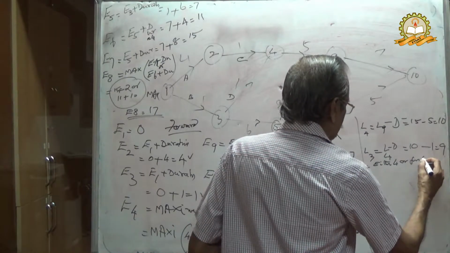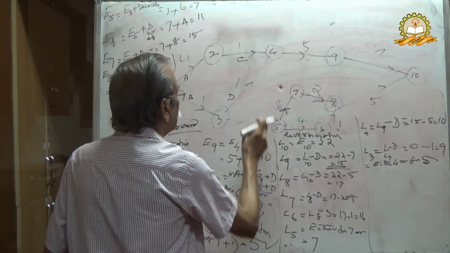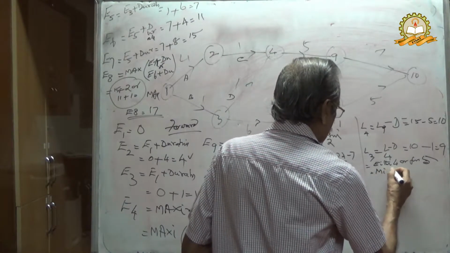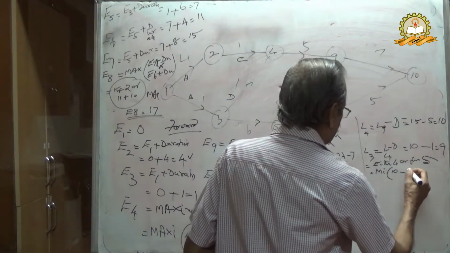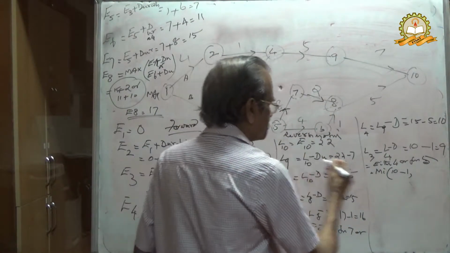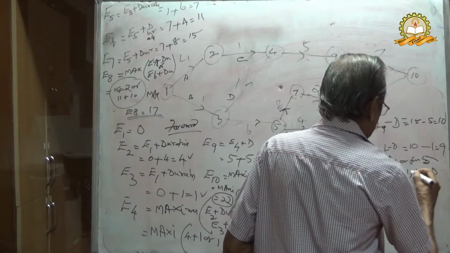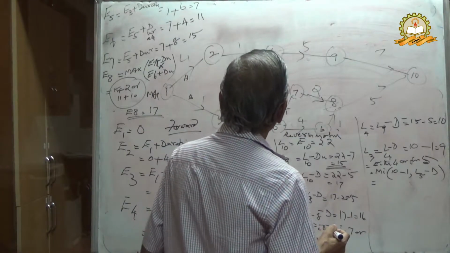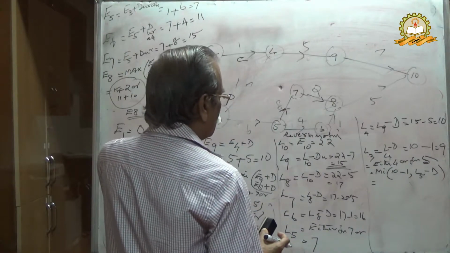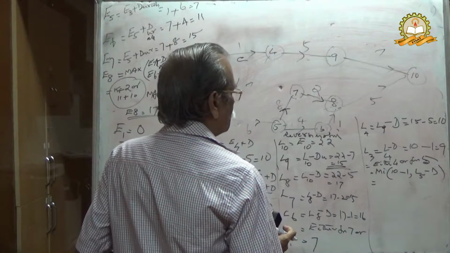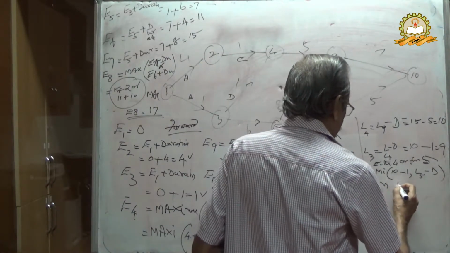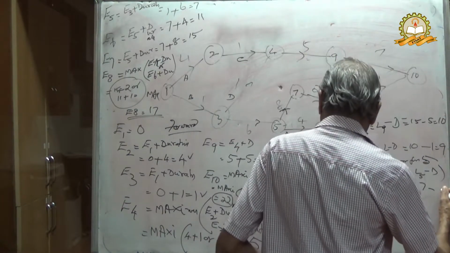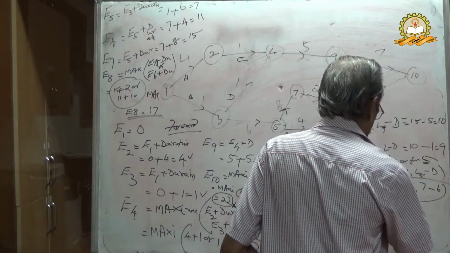L3 is the minimum of L4 minus duration 1, or L5 minus duration: 10 minus 1 equals 9, or 7 minus 6 equals 1.